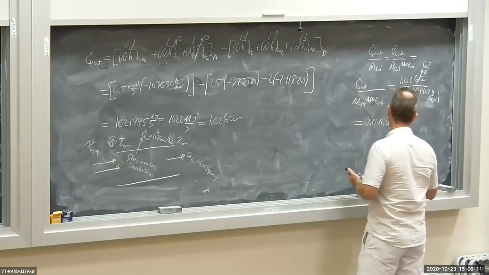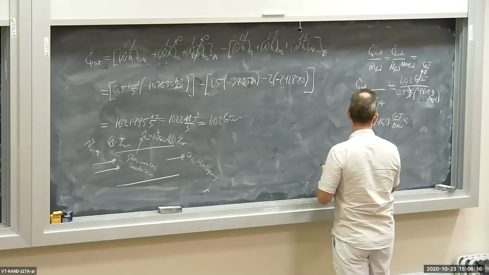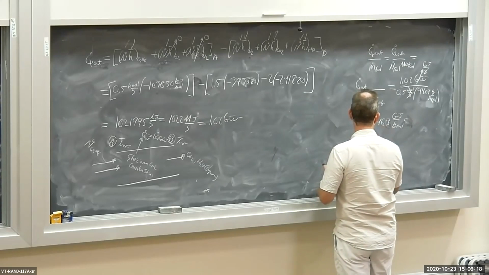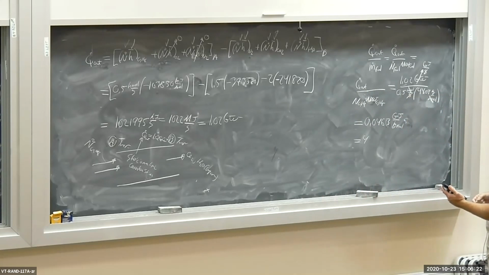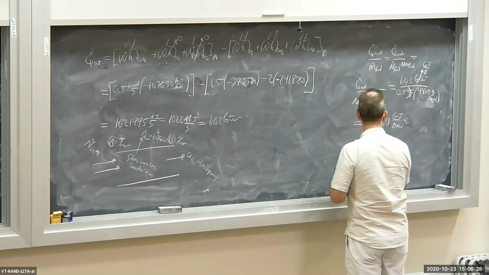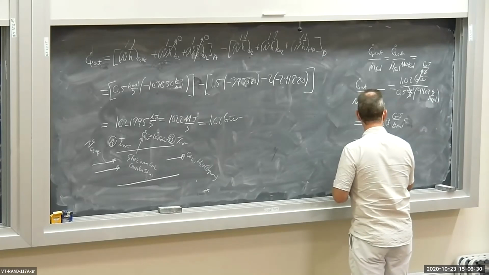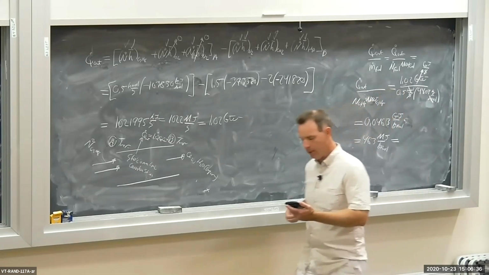I can write this in terms of megajoules. Do I have the right unit here? Yeah, 46.3 megajoules per kilogram of fuel.